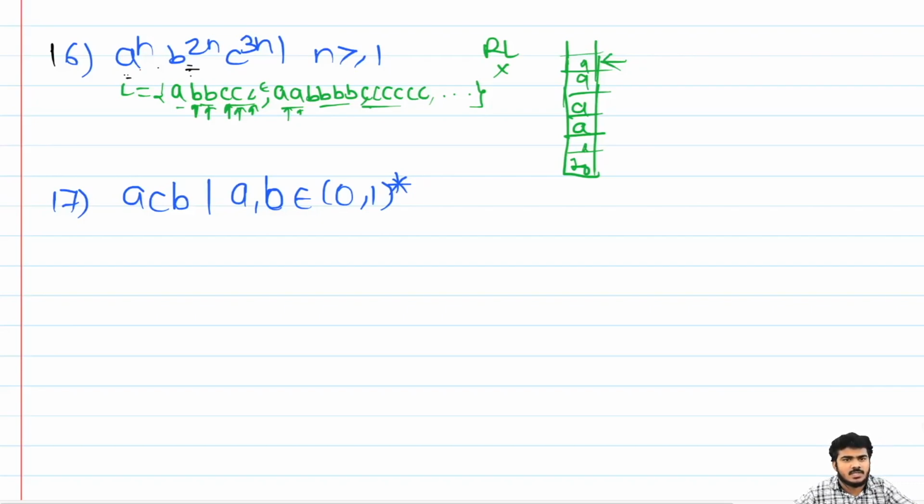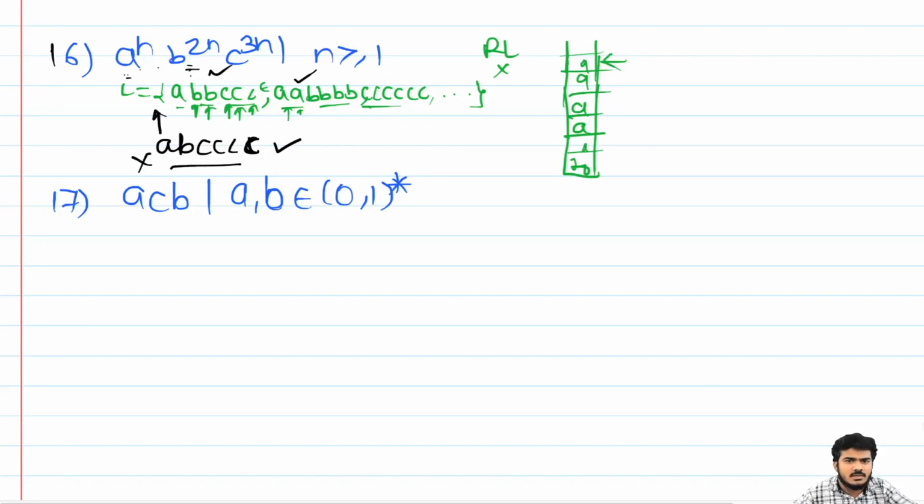When we say it accepts a language, it will accept all the strings in the language, but it should also reject all other strings which are not present in the language. But suppose I take one string like a, b and 4 times c.